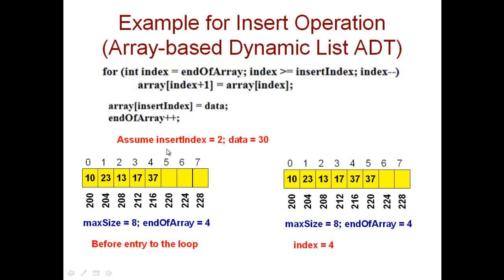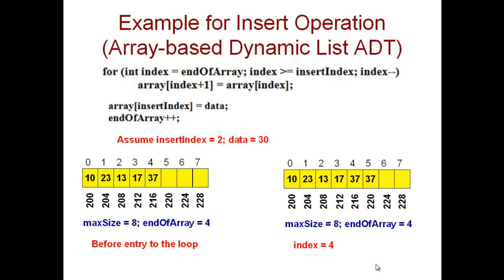So array of index plus 1, index is currently end of array, which is 4. So index plus 1 means 5. So array of 5 equals array of 4. So I'm basically copying this value at end of array, which is where the index is, to the next index. So 37 is basically copied to the next index.